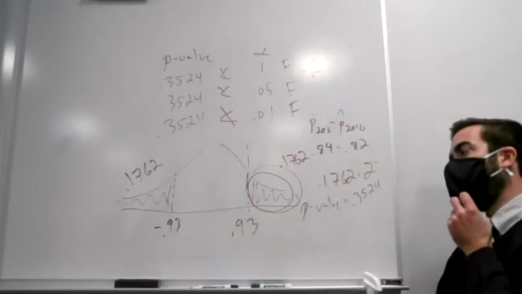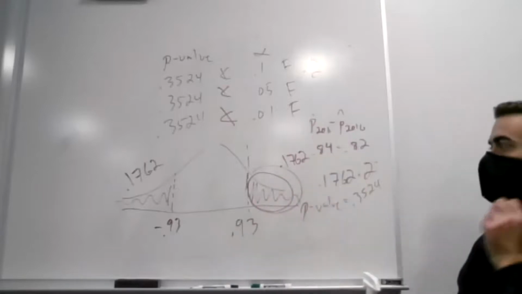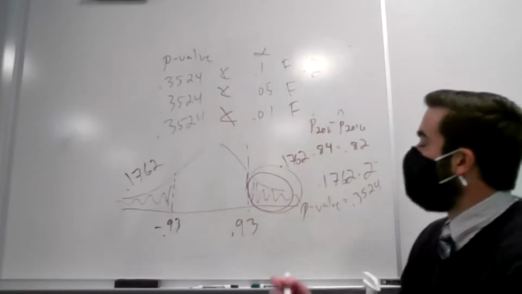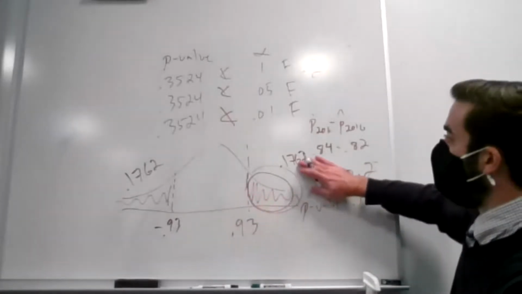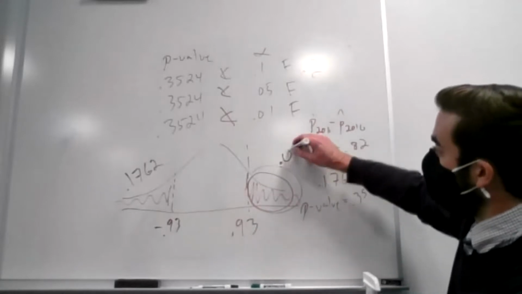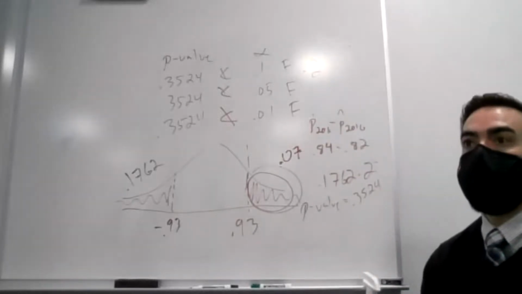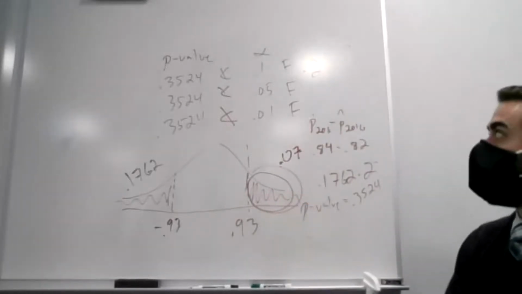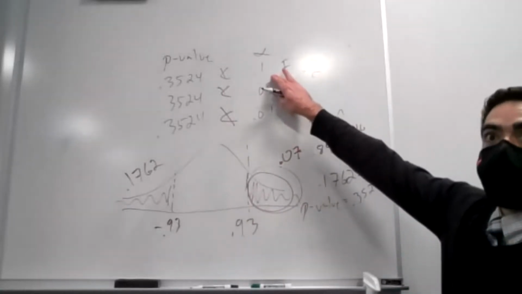Now notice, it wouldn't really make a big difference here because the p-value is so large. But let's say instead we had found some different sample evidence and I end up with an area in the tail that's, let's say, 0.07. If I forget to multiply by 2 because it's a two-tailed test, I'll think that I could reject at that 10% significance level.